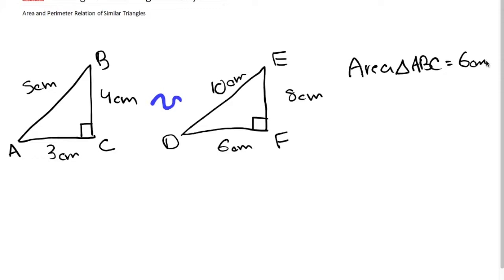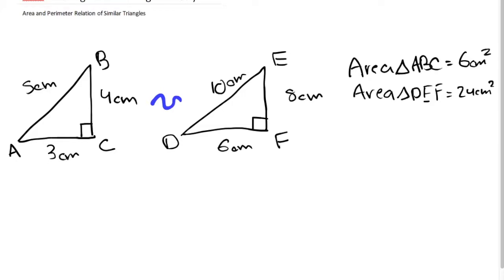Base times height divided by 2, simple math. Now the area of triangle DEF is the same thing. It's 8 times 6 divided by 2, which is 24 centimeters squared. So I'm going to write that here, 24 centimeters squared.